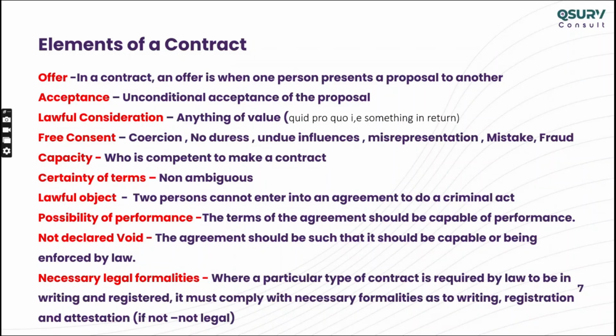The first point is that there should be two or more parties. The person who gives the offer is called the offerer. It has to be given to a second party. Again, the offer should be communicated to the offeree.